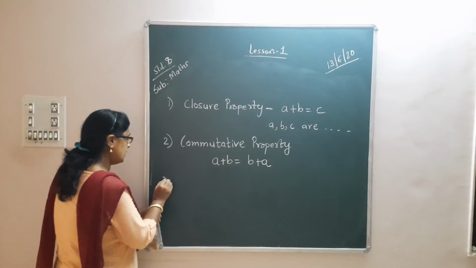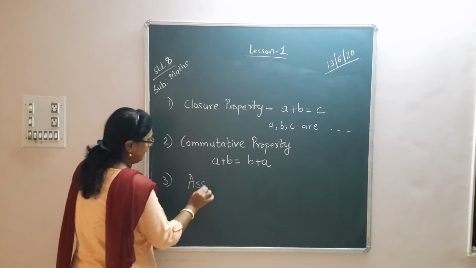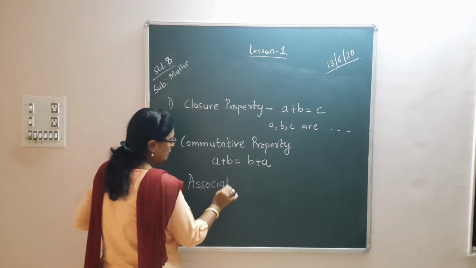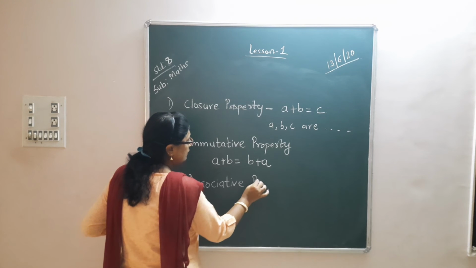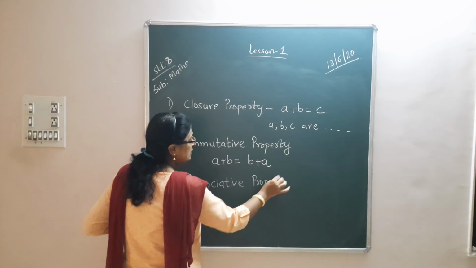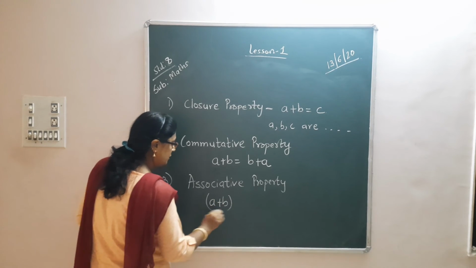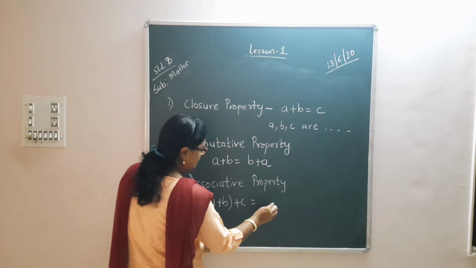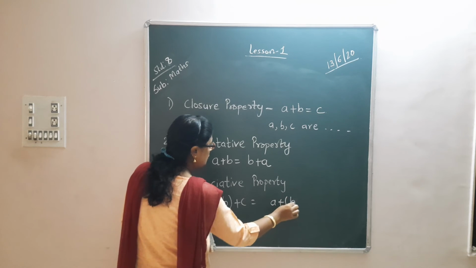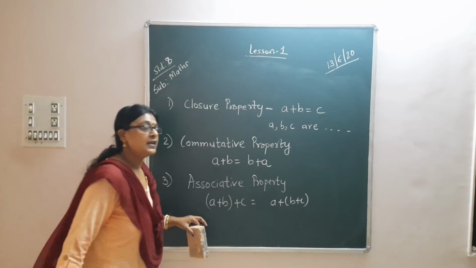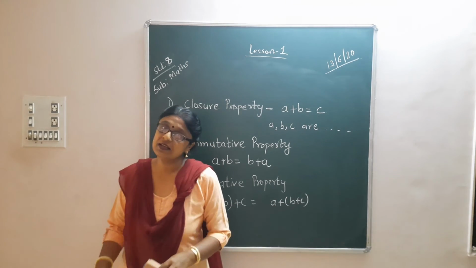And the third one is associative property. Associative property means when you change the groups, then also answer remains the same.